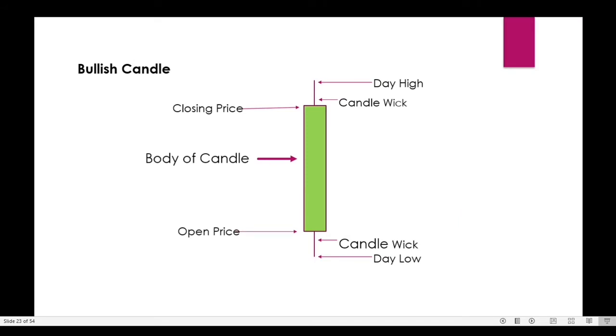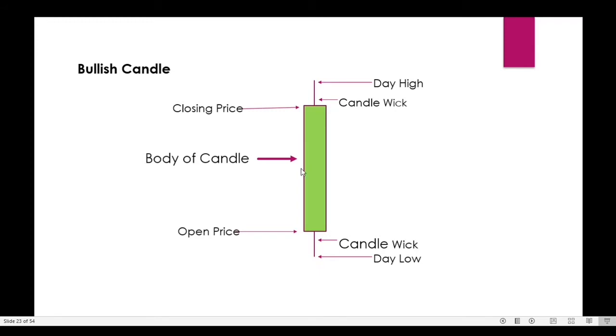Now, let's take a look at a bullish candle and what it represents on a stock chart. When it comes to a bullish candle, the body of the candle will always represent the opening and closing price of a candle.